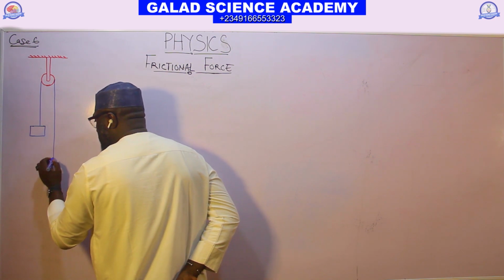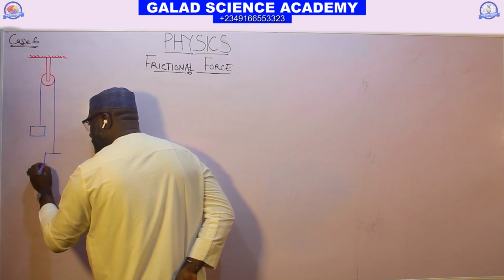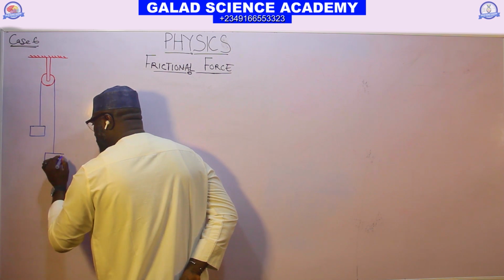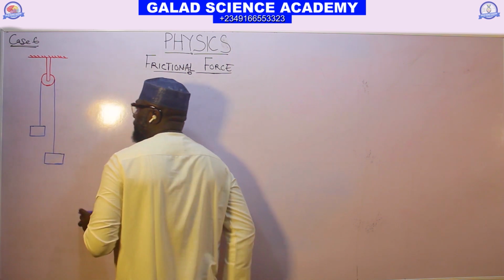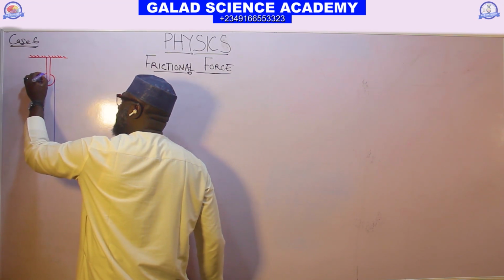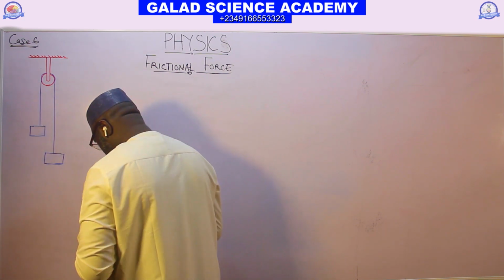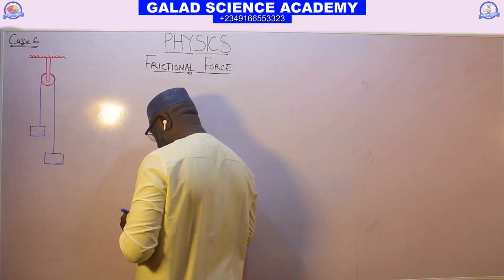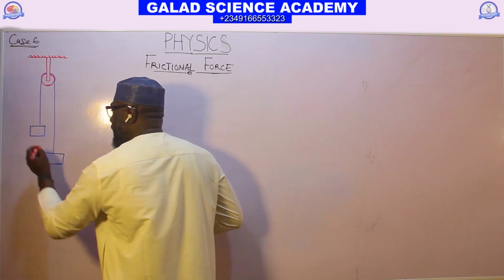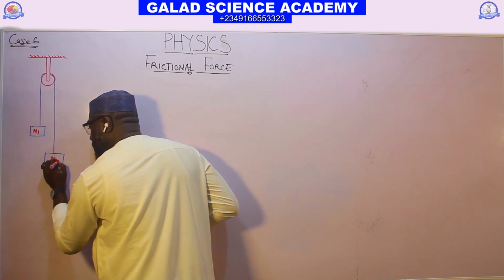The second mass is this, and it is going up like this. Let me call this mass M1 and here we have M2.